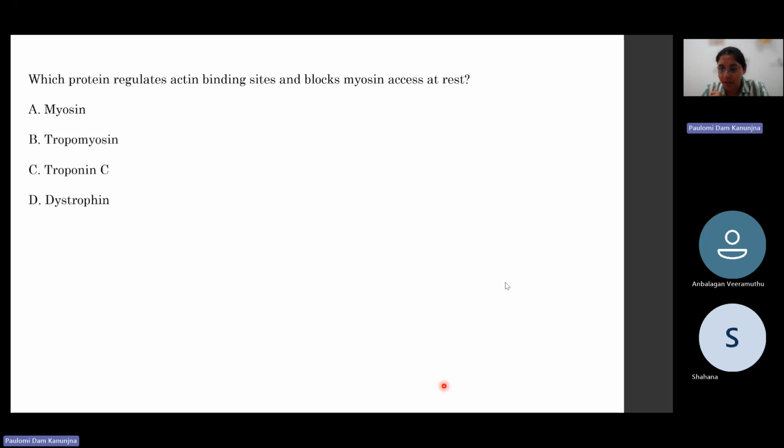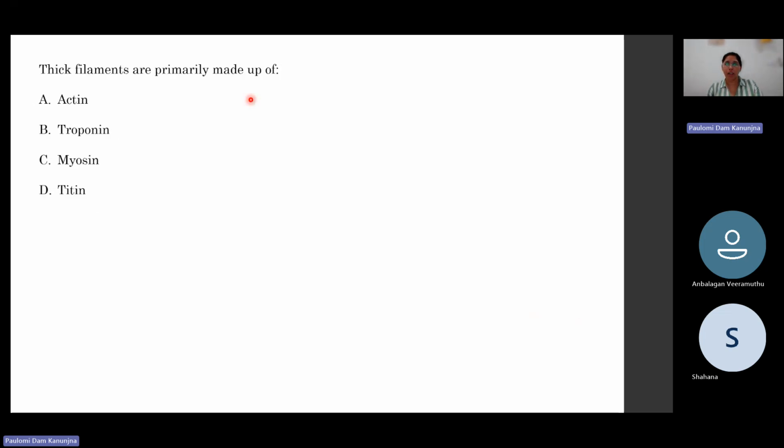It's actually tropomyosin. When we see the reactions, tropomyosin regulates the binding sites, and it blocks the access to the actin. We will see in a while.